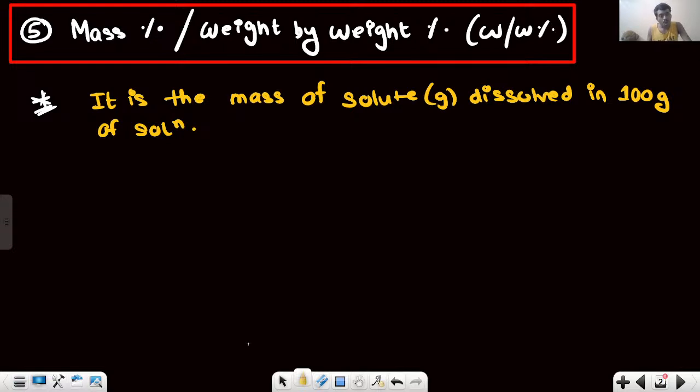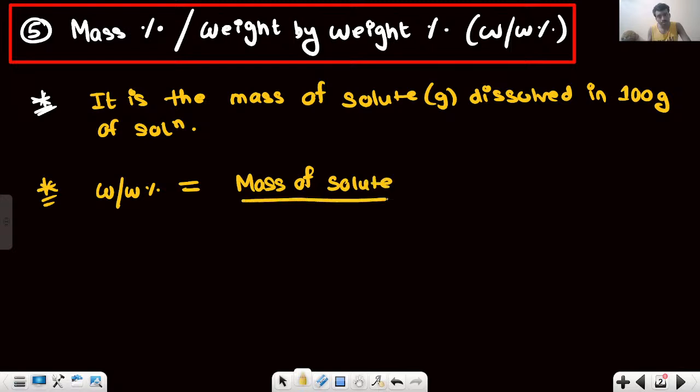Okay. So how will I represent this weight by weight percent now? If I have to write W by W percent, then I will represent it by the mass of solute, whatever the mass of solute that will be given to me, divided by the mass of solution, into 100.